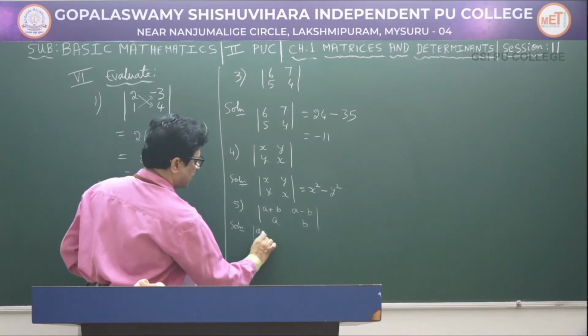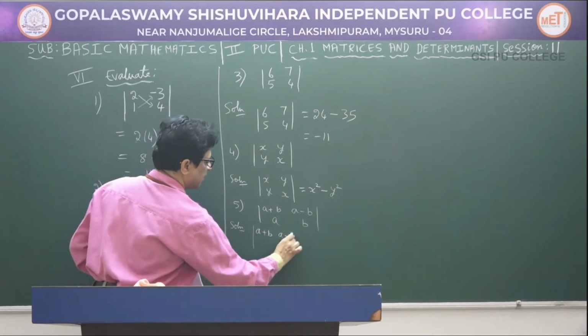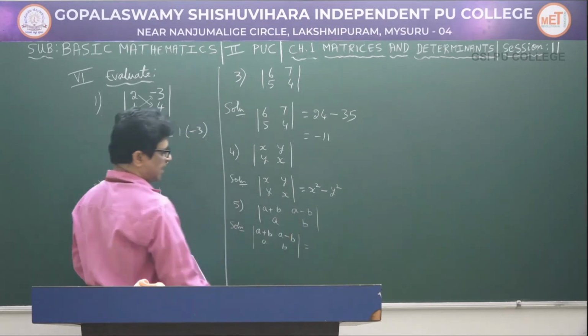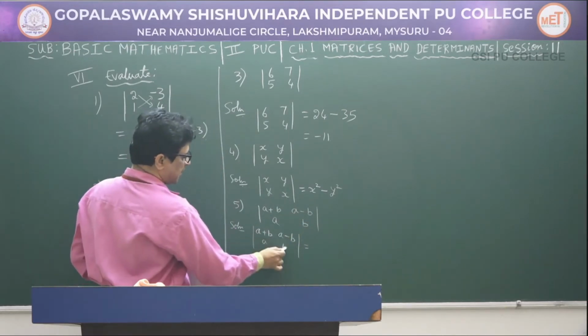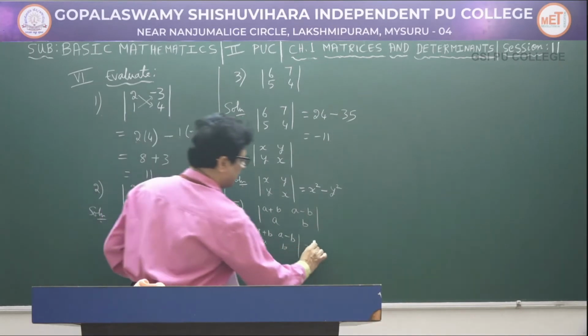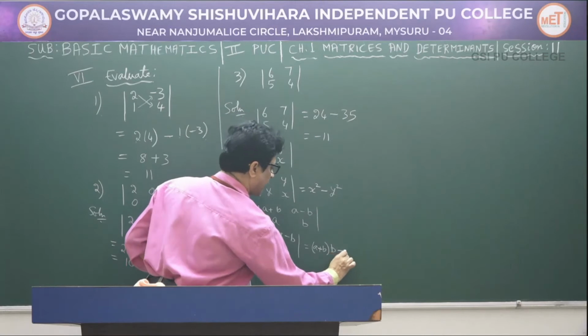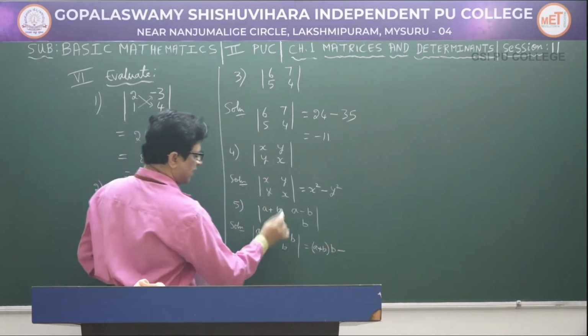That will be equal to the product of the principal diagonal, a plus b into b, minus a into a minus b.